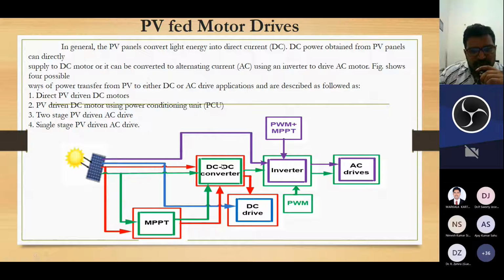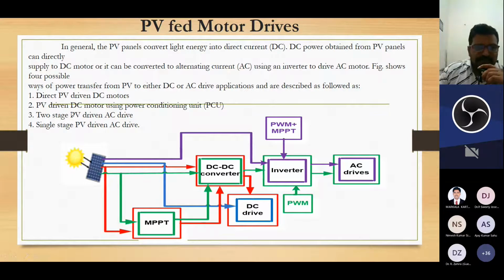In the green part, you get the two-stage system of PV driven AC motor. First the PV generates the power, which is supplied to the DC-DC converter to extract the maximum power, and that extracted maximum power is fed to an inverter. Then the inverter is used to drive the AC motor drives.